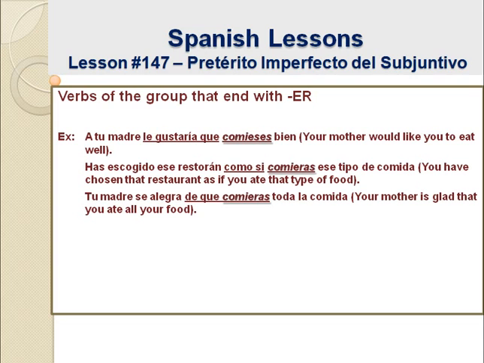Has escogido means you have chosen. Ese restaurante is that restaurant. Como si, as if, comieras ese tipo de comida. You ate that type of food. Our third example is tu madre se alegra de que comieras toda la comida.